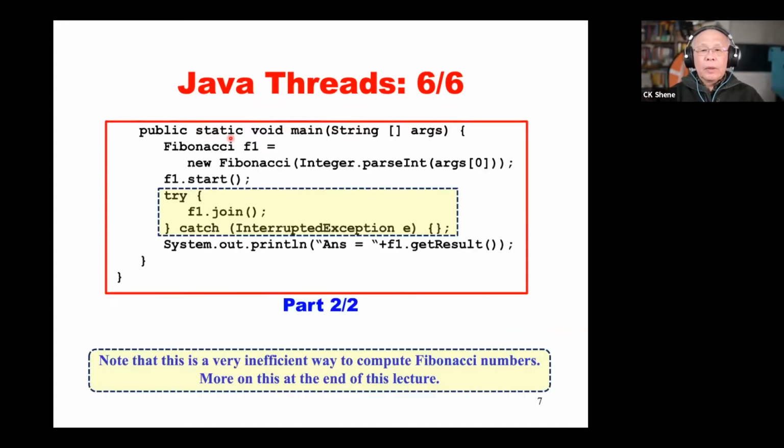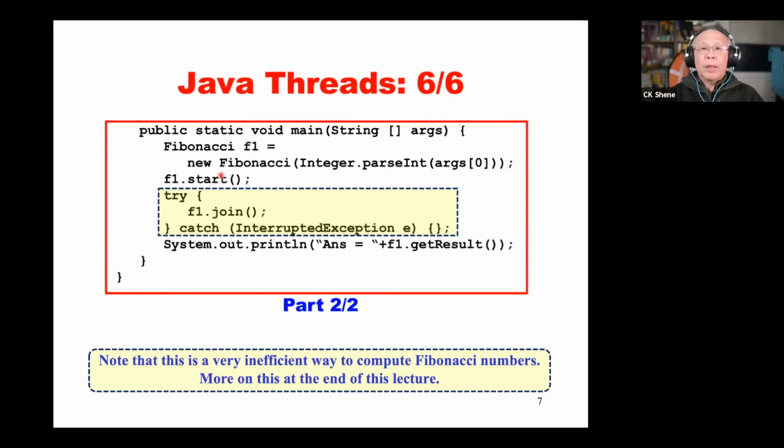Now here is the main program. First of all, we need to create a Fibonacci class. This class takes the argument value from the command line when you run this program. So this value is used to create the Fibonacci thread class F1.